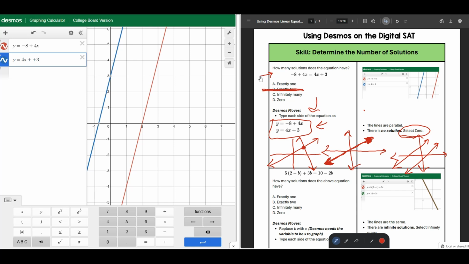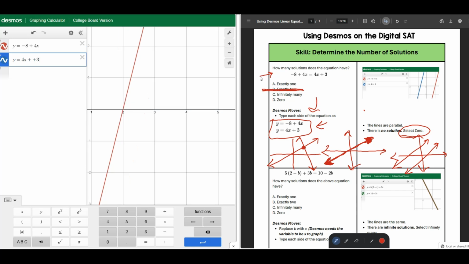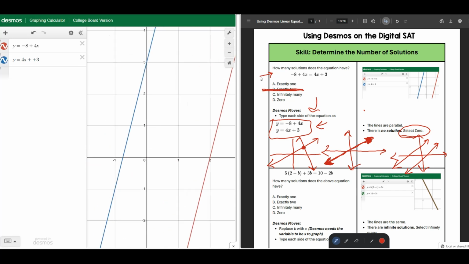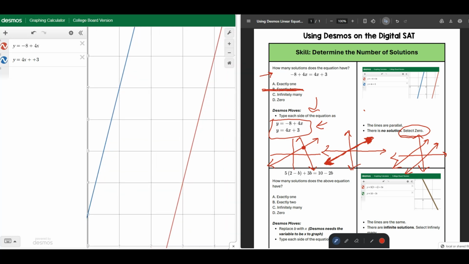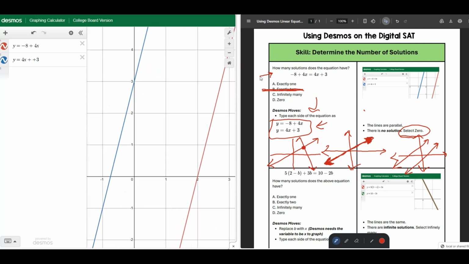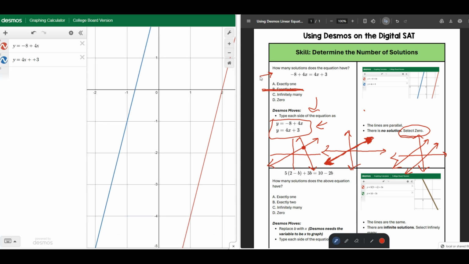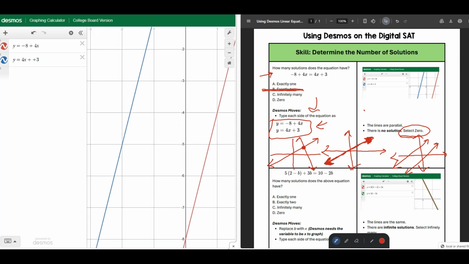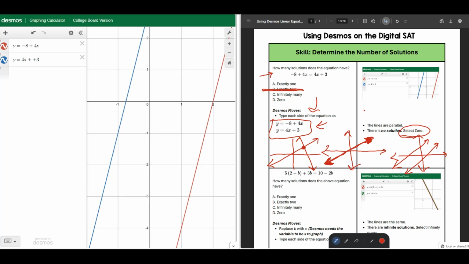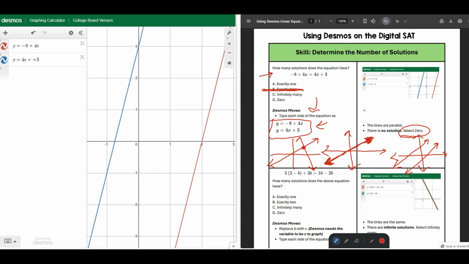If you want to, you can zoom in just to make sure that those lines are actually parallel. Sometimes if you get 2 lines that are really close, you need to zoom and look around just to make sure that there's no intersection. So then you would come over here on your multiple choice selection and you would pick 0. That there are no solutions because you have parallel lines.